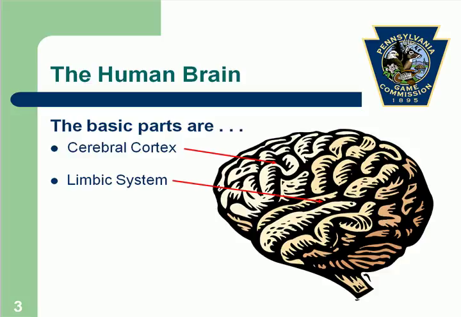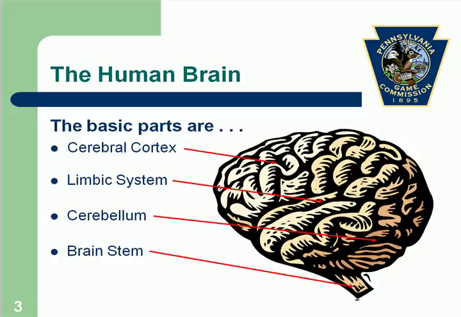The limbic system processes short-term memory into long-term memory. The cerebellum is involved in automatic movement patterns, jumping, walking, and other physical skills. And the brainstem handles basic survival functions and regulates body systems.